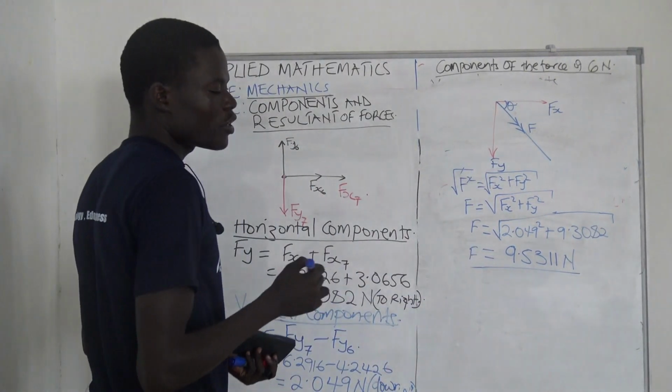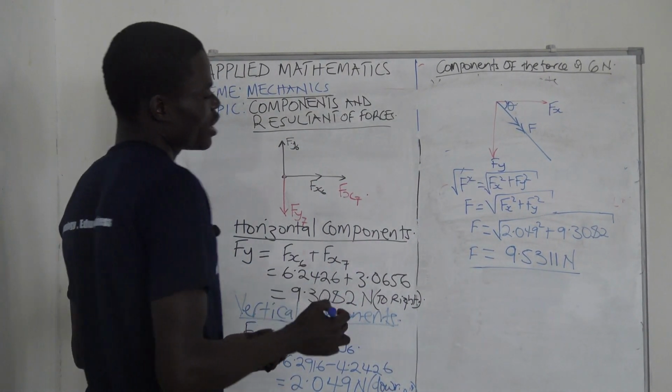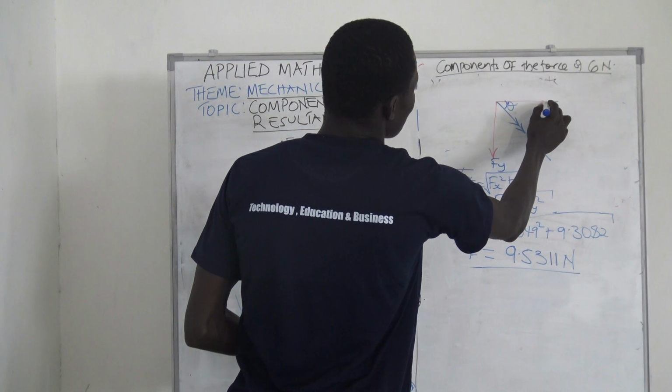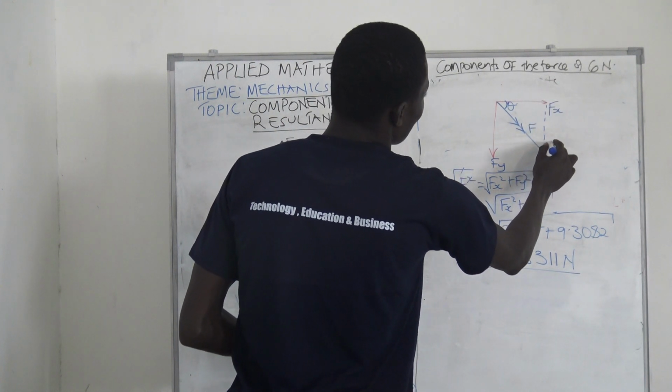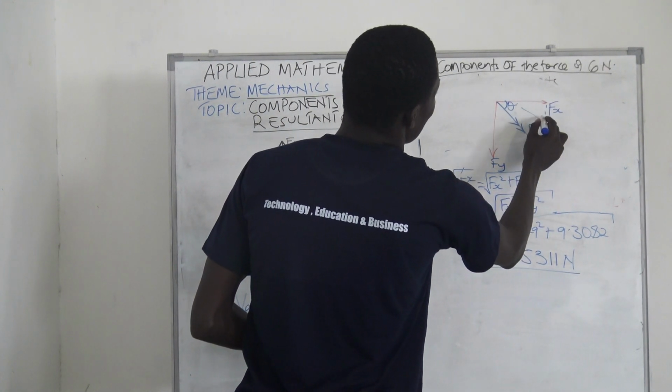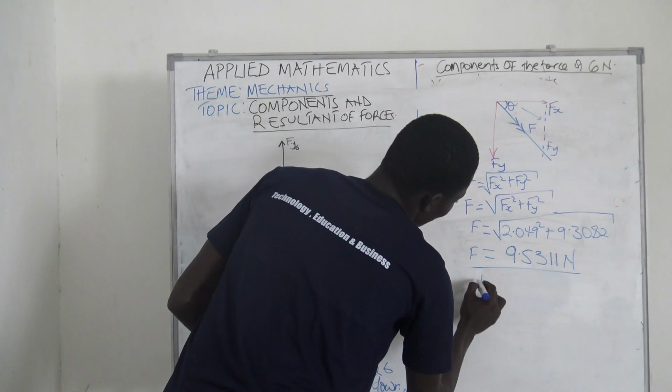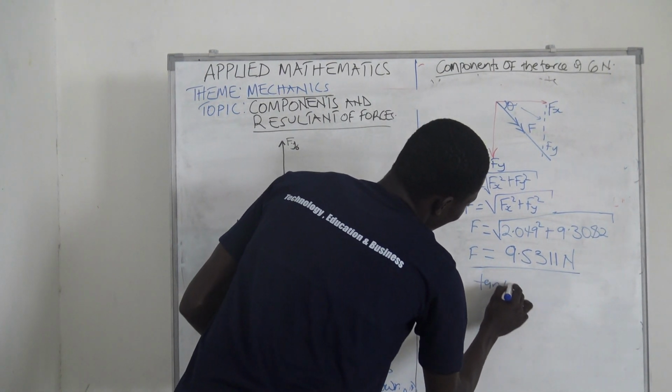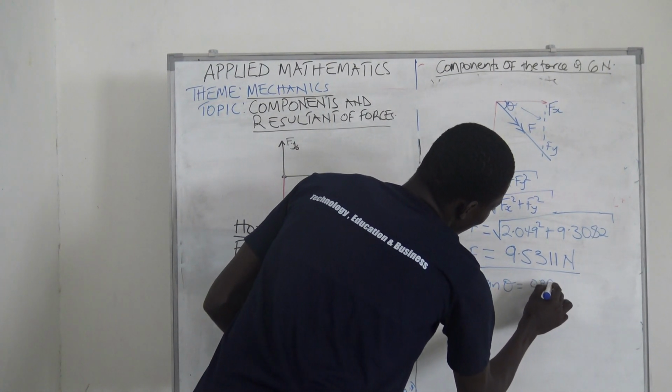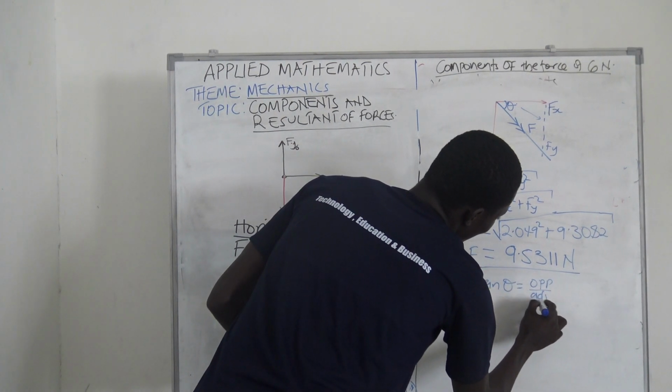Then we said for a force there is a magnitude, and we have direction. If you extrapolate, this one becomes the value of Fy. So the opposite: tan star equals opposite over adjacent.